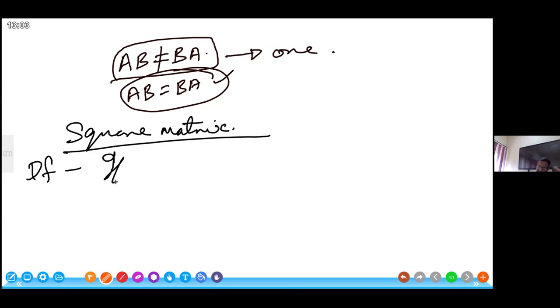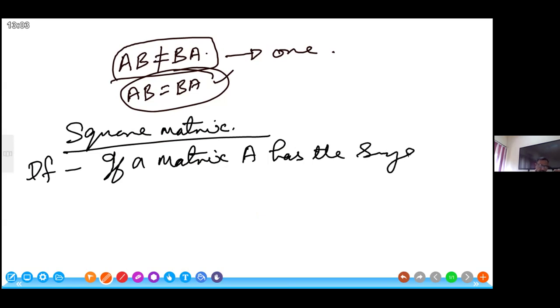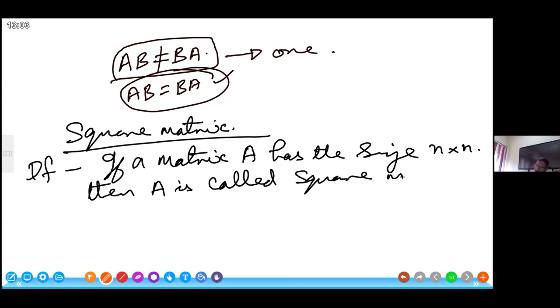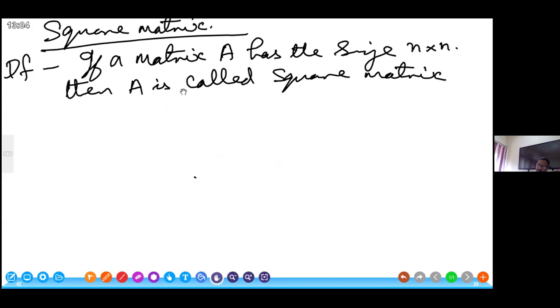If a matrix A has the size n into n, then A is called a square matrix, right? So we want to have a size n into n.